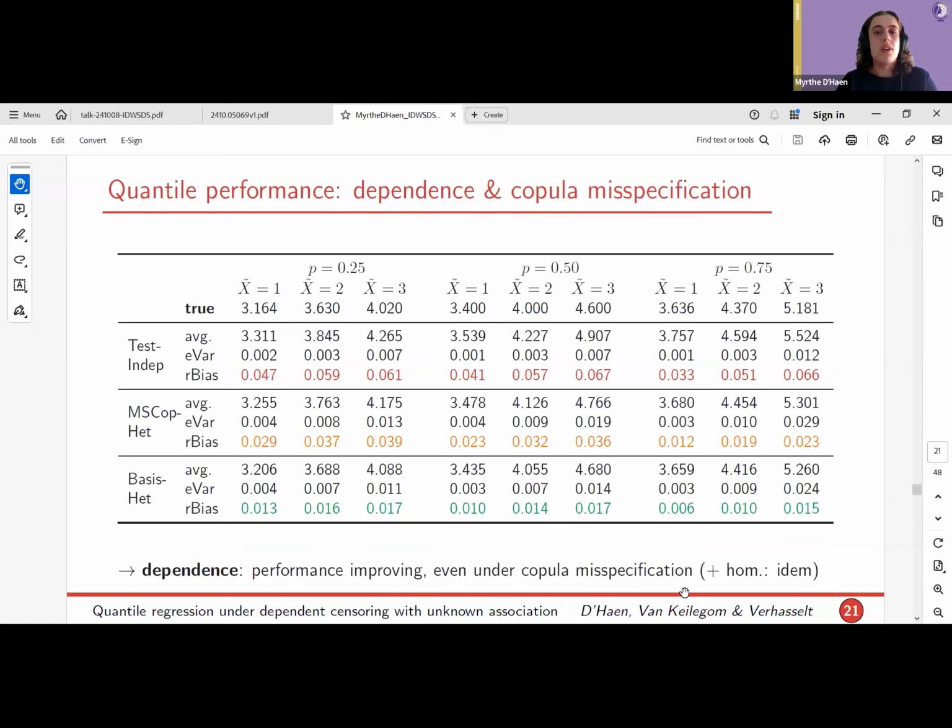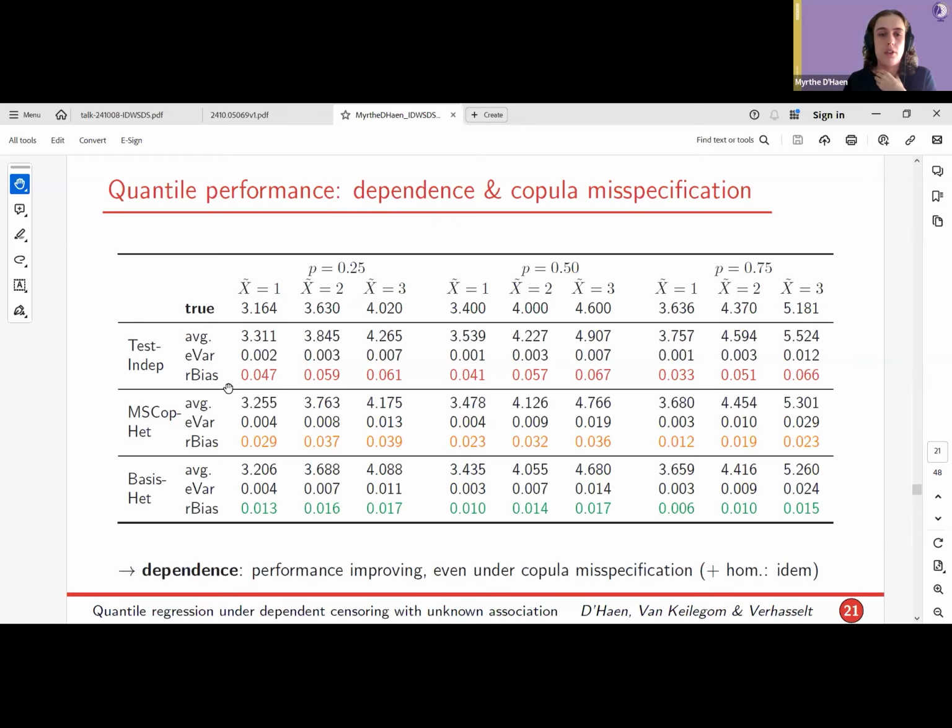Now, of course, more interesting is to see what happens when there is actually dependence in the data. And so we considered 3 different model fitting procedures, but all of them were applied to a data set that was generated under dependent censoring. So first of all, what is unfortunately often done in practice is just to ignore the dependence and to naively apply the independence estimator.